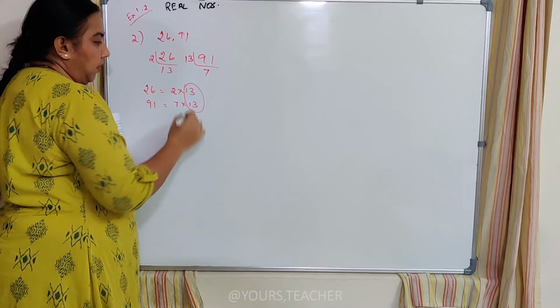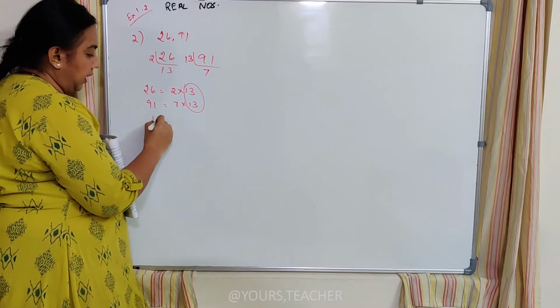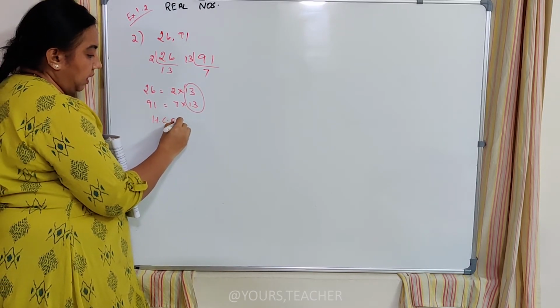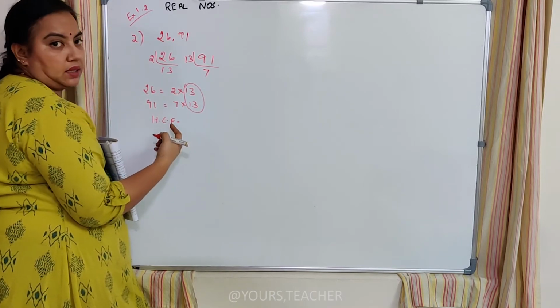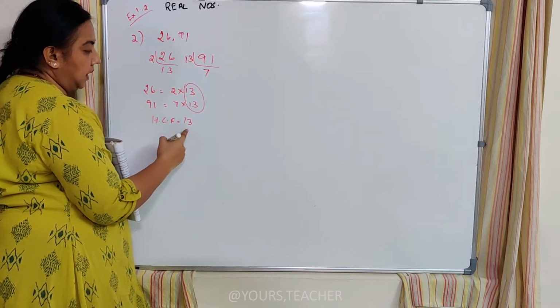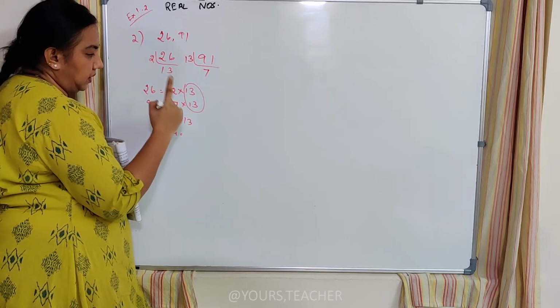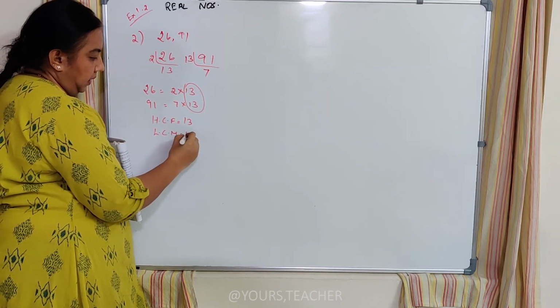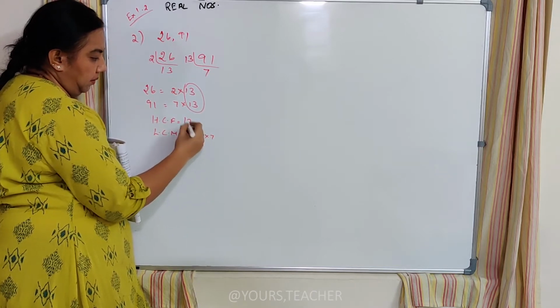I have got a common factor in both the numbers, and when I find a common factor, I can identify it as the HCF. If there is more than one common factor, we have to multiply all the common factors and identify it as the HCF. So the HCF here is 13, and for the LCM, I write the common factor only one time, and the remaining leftover numbers I just write.